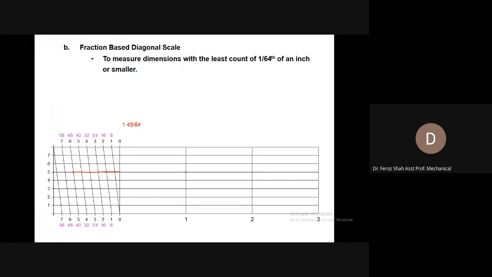You can measure it: 1, 2, 3, 4, 5, 6, 7, 8, 9, 10, 11, 12, 13, 14, 15, 16, 17, 18, 19, 20, 21, 22, 23, 24, 25, 26, 27, 28, 29, 30, 31, 32, 33, 34, 35, 36, 37, 38, 39, 40, 41, 42, 43, 44, and 45.